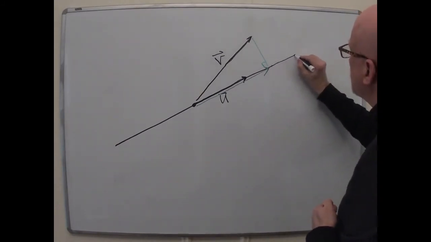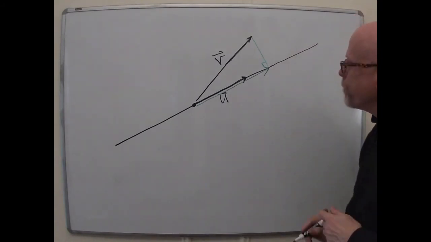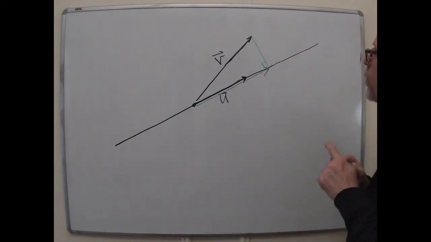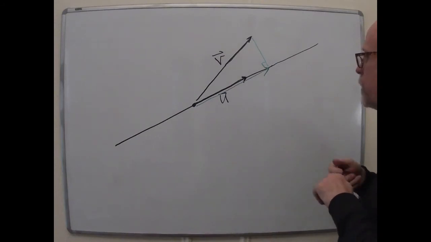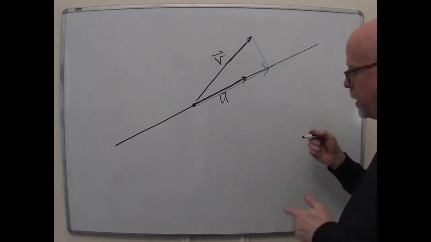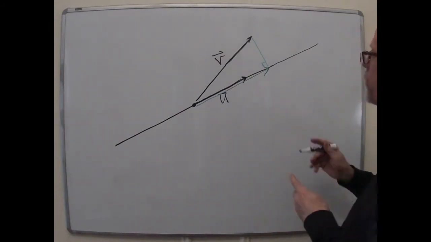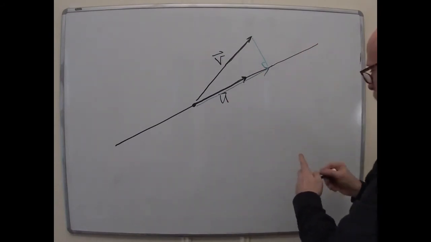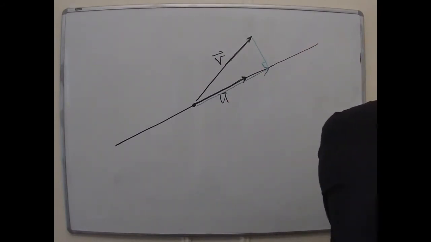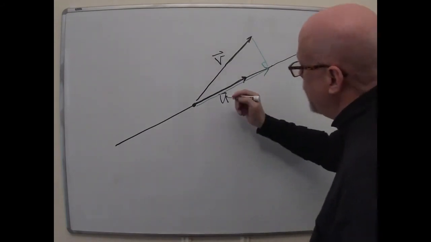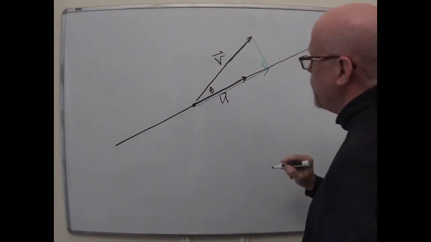We'll make sure it looks like that line keeps going. And we're able to find that pretty quickly using dot products. Let me point out that we've got a right triangle sitting right here. The right triangle has the angle between these two vectors.